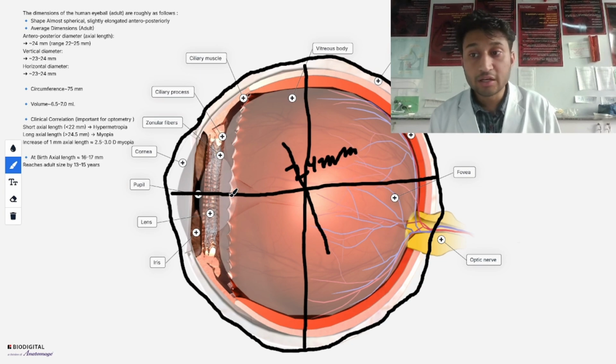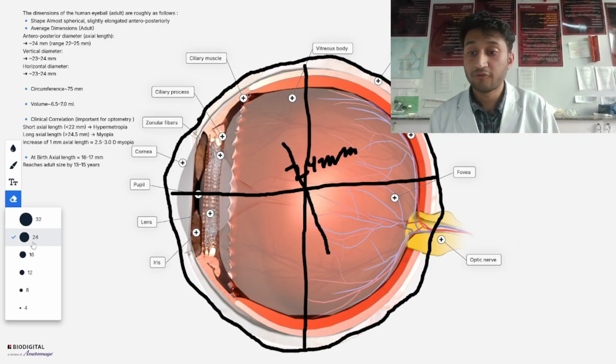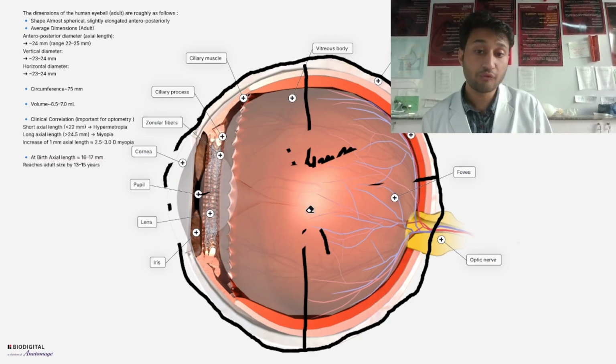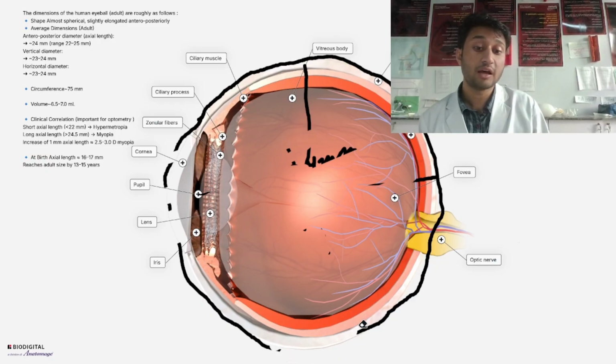Now the clinical correlation of short axial length. We must be knowing about the axial length, its role. Axial length is just a basic measurement from the anterior to the posterior part of an eyeball.